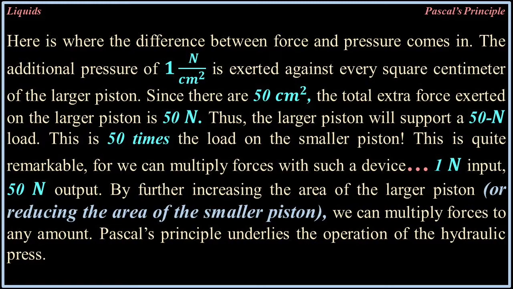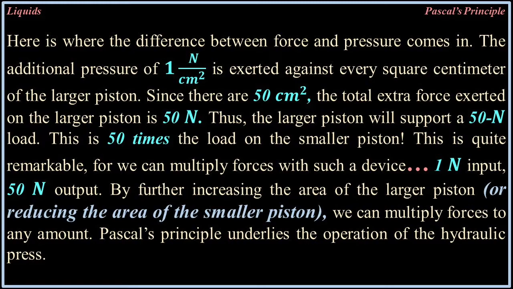Thus, the larger piston will support a 50 Newton load. This is 50 times the load on the smaller piston. This is quite remarkable, for we can multiply forces with such a device. A 1 Newton input, 50 Newtons output.